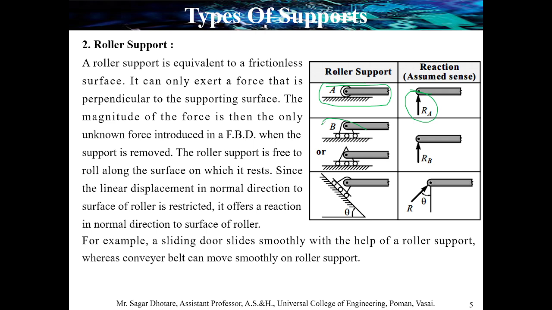In a similar way, there are different ways to show the roller support and its reaction, because in this roller support the rollers are free to move in only one direction, so friction will occur wherever the rollers are in contact. That's why the normal reaction occurs in this direction.